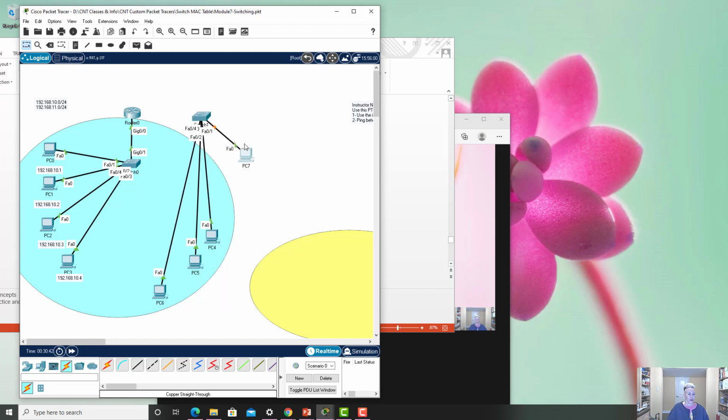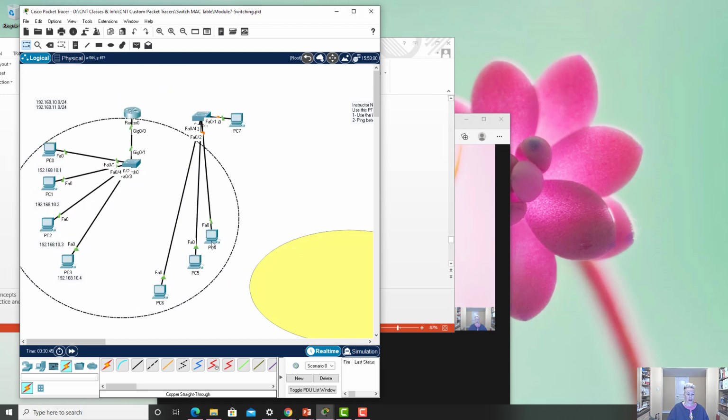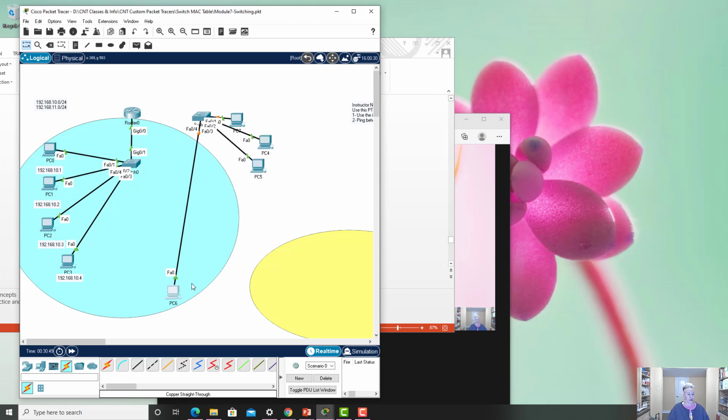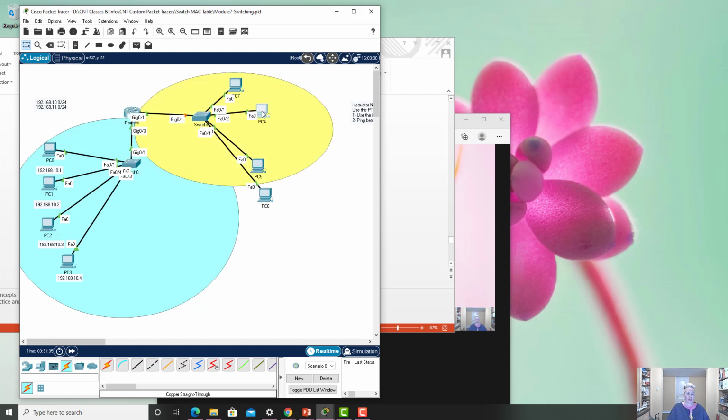Okay, so now I would assign them to a different network. And again, the one we talked about is 192.168.11.0. And I would connect this switch to a different interface on the router. I have now just created two broadcast domains.